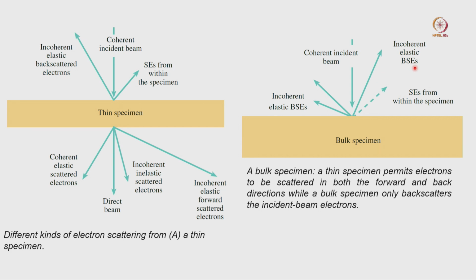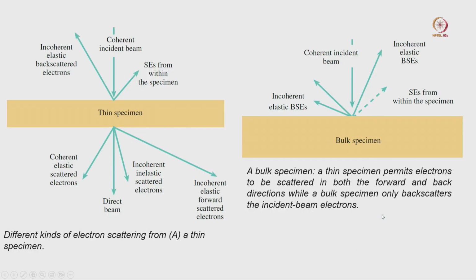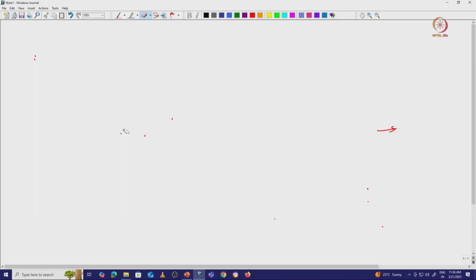Now, let us take a look at what kind of interaction we are expecting when we are imaging some biological science sample. Here we want to see what kind of interactions there are between the incoming electron and the atom.